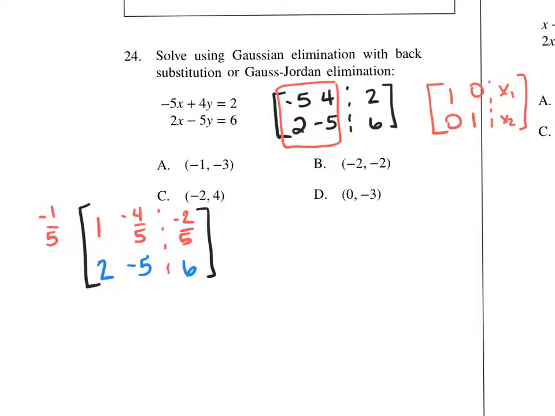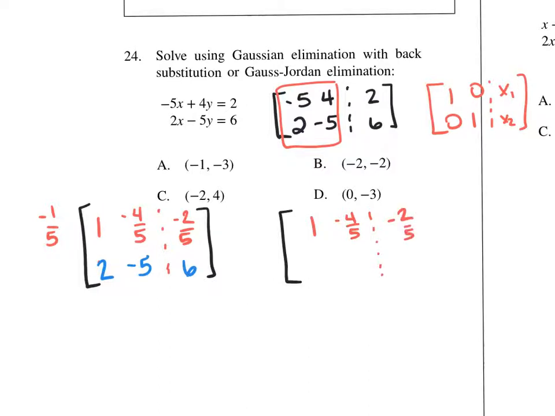Now, the next step is to get a 0 underneath this 1. To get a 0 here, I can multiply the first row by -2 and add it to R2. Keep the first row the same: 1, -4/5, -2/5.